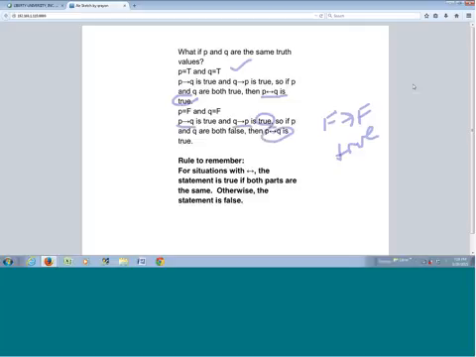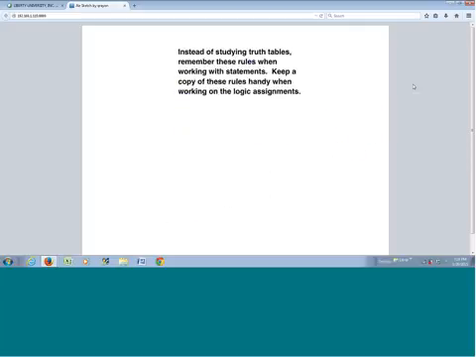So the rule to remember for biconditional is that when both parts are the same, it's true. But if P and Q are different truth values, it's going to be false. So basically what we've done is taken the 5 symbols and come up with a rule to remember for each of them.